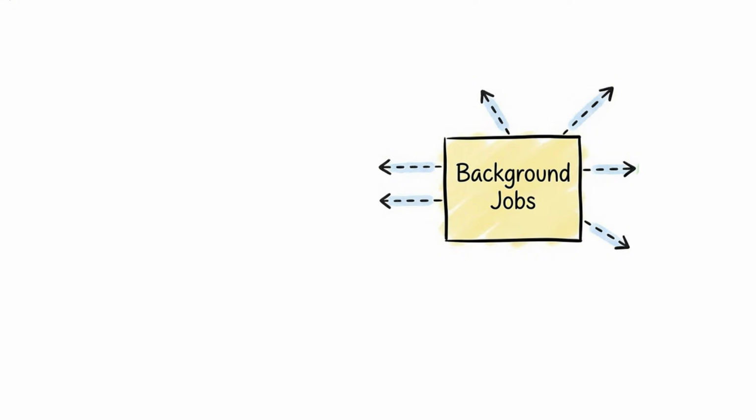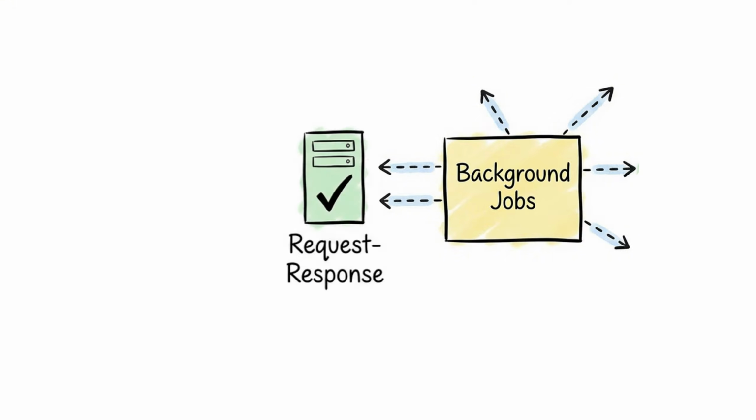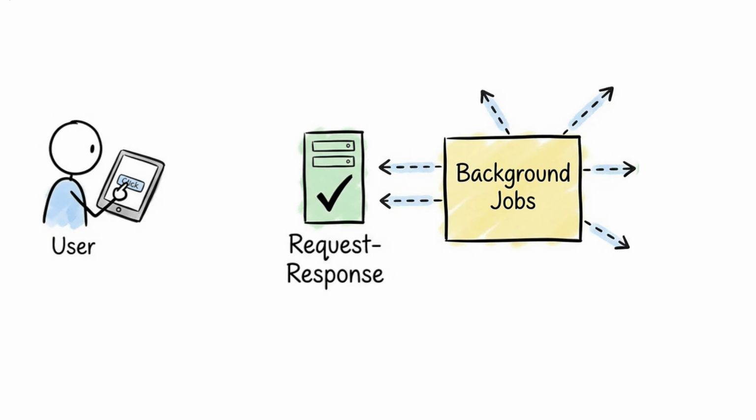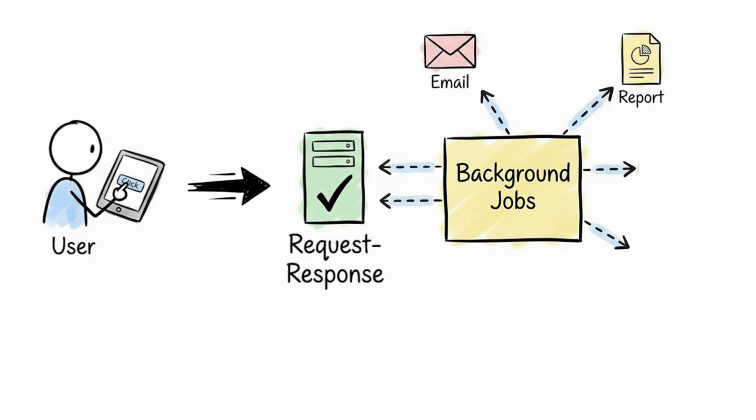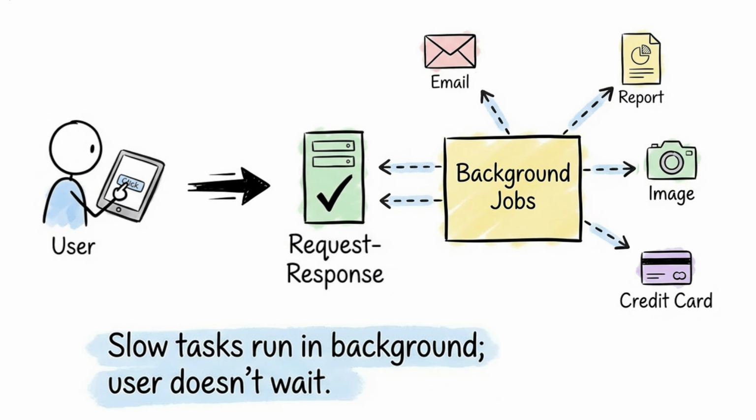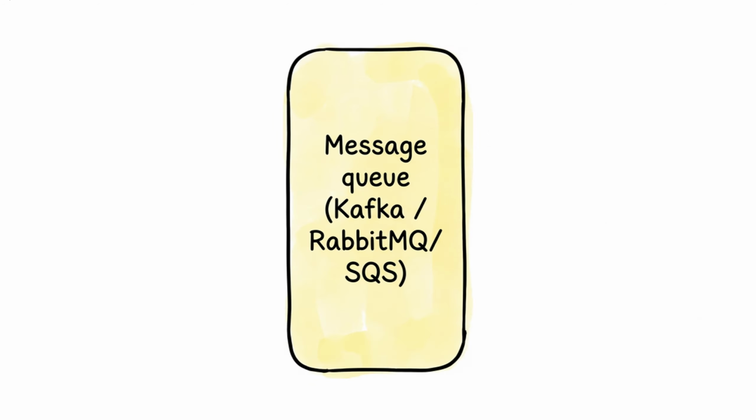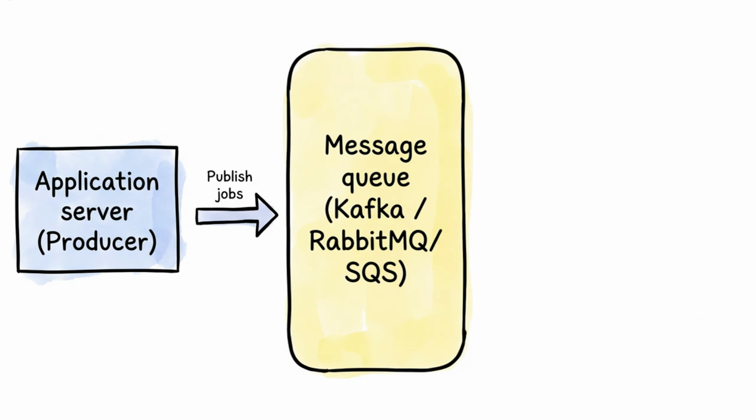Now, what about background work? Not everything should happen inside the request-response cycle. If a user action triggers slow tasks like sending emails, generating reports, resizing images, or charging cards, you don't want the user waiting. So you introduce a message queue. The app publishes jobs to a queue.